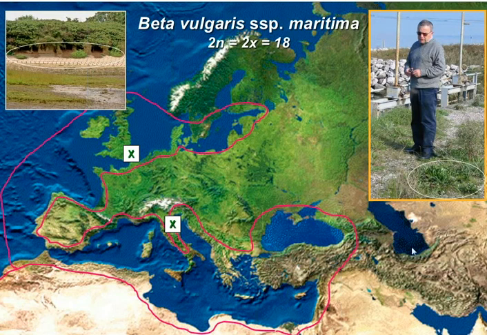So the red line indicates probably where you'd find Beta maritima, and again close to the ocean, and likely over in here where it has not been collected as frequently, we might be able to find some other types.